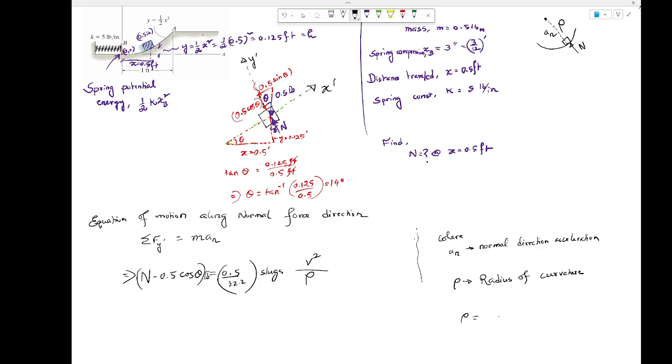So the radius of curvature equation can be written as 1 plus dy by dx, and the whole thing is squared. That means you are doing the derivative just one time and squaring the result. That's a little tricky to understand. You'll understand it much better if you understand the denominator.